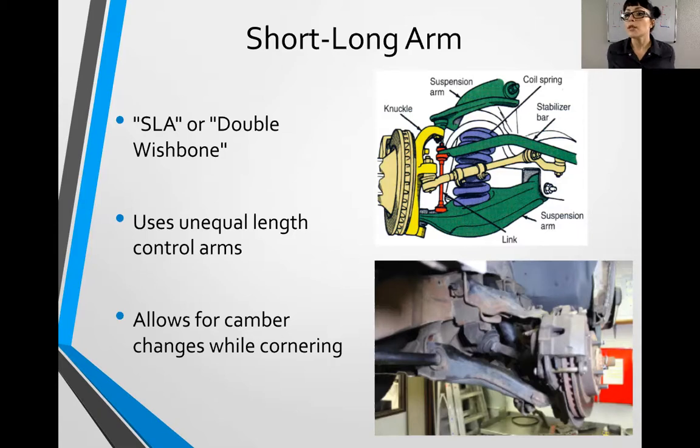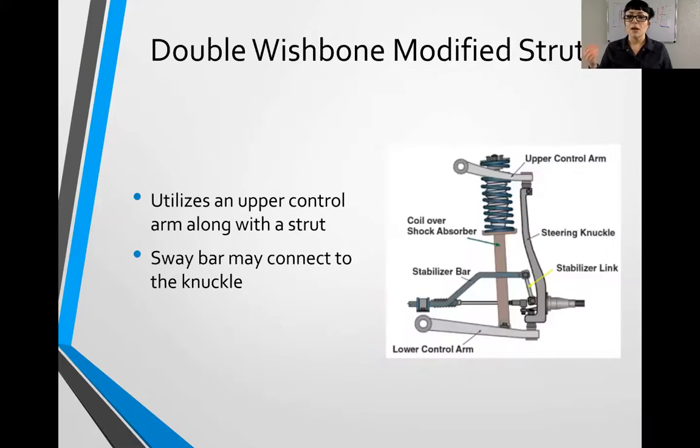So performance wise, it is a benefit, which is why you see in racing SLA being used regularly. But it is more expensive, which is why you don't see it on a lot of your common economical vehicles like Camrys and Civics and stuff like that.